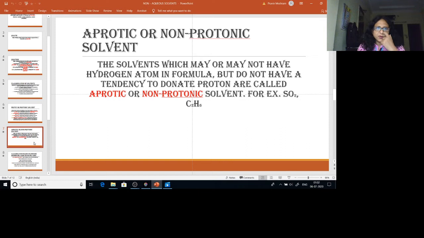Then let us see aprotic or non-protic solvents. The solvents which may or may not have a hydrogen atom in the formula but do not have a tendency to donate protons are called aprotic or non-protic solvents. Examples of these aprotic solvents are CaCl2, C2S6.